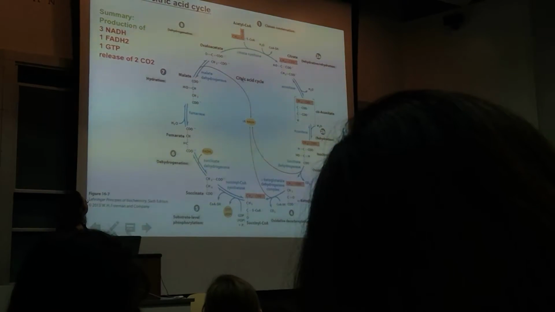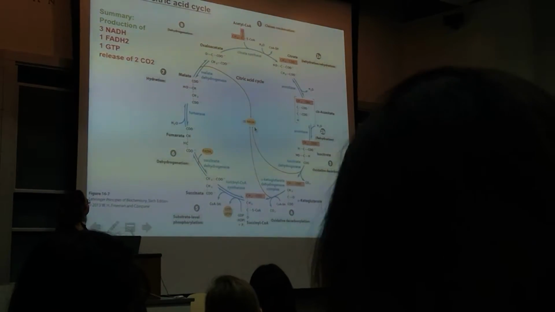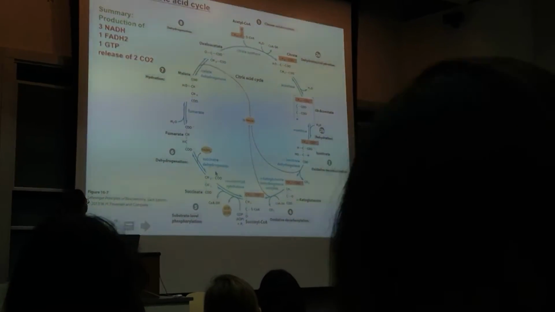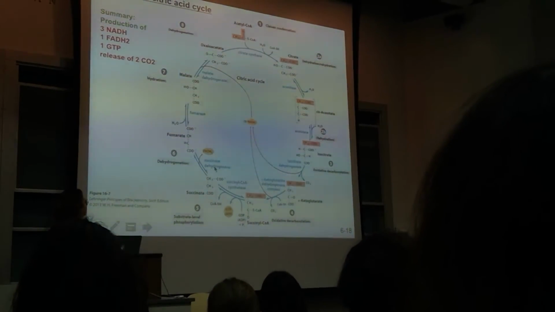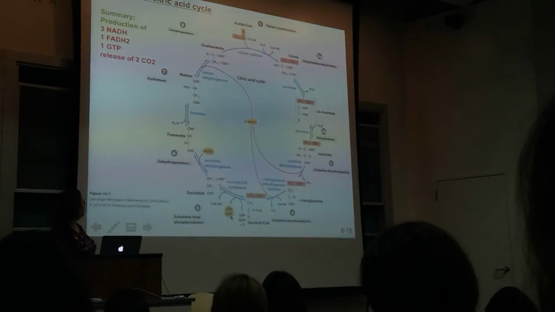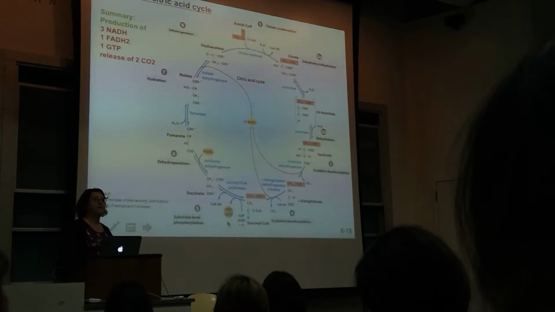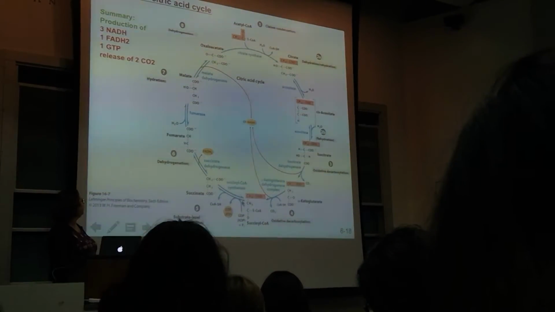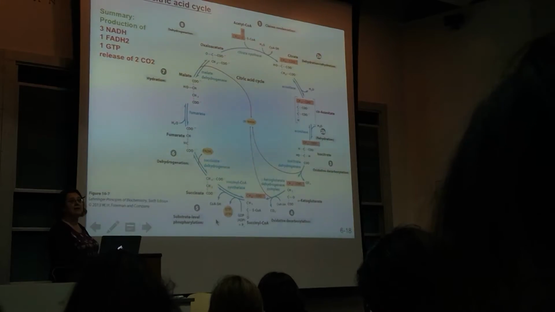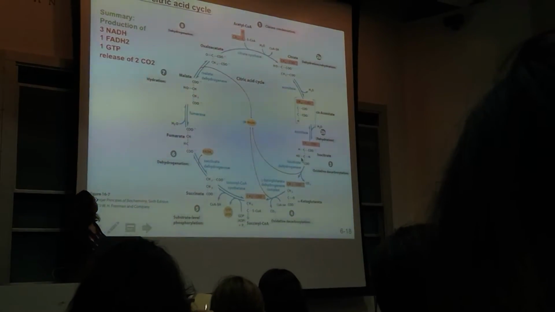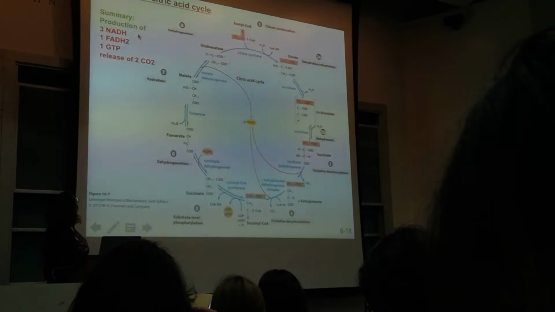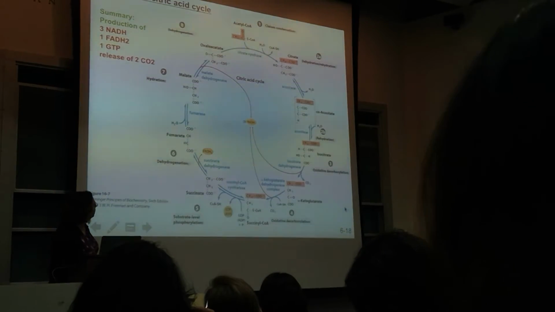From the malate dehydrogenase, you're getting an electron going into NADH. And from the succinate dehydrogenase, you're getting electrons going to FADH2. Where you have the formation of GTP, which is hard to do energy-wise, it's coupled to the hydrolysis of the thioester. So you get 1 GTP, 3 NADH, 1 FADH2, and 2 CO2 molecules.